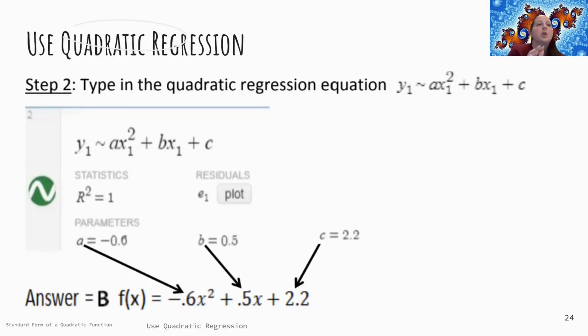Okay? So in this case, once you do that, it automatically does the quadratic regression for you, and it gives you your value for A, B, and C. And then you just substitute those values in.